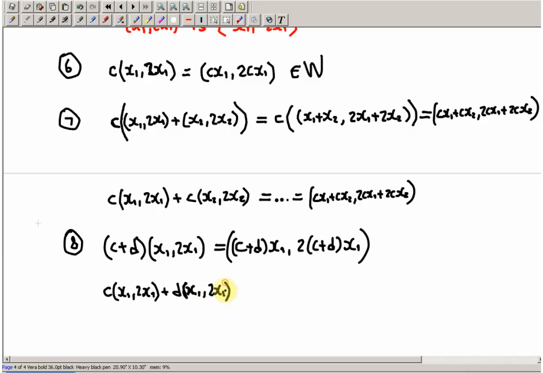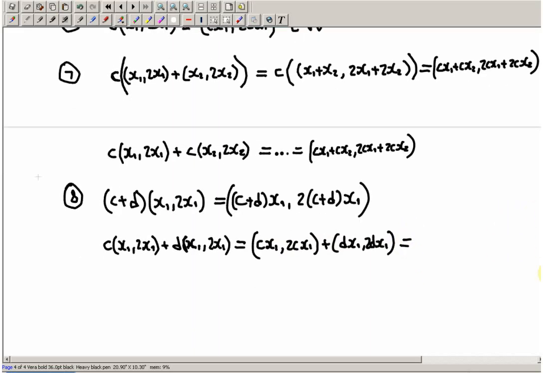Okay, let's expand this out. Here it is. Now we add and combine the scalars. So this would be cx1 plus dx1, and then the second coordinates, 2cx1 plus 2dx1.